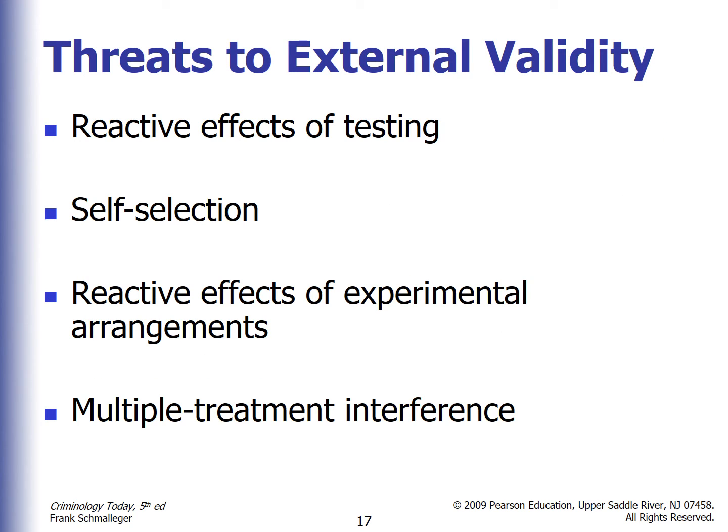External validity. Again, we have reactive effects to testing. How do the people react if you walk up to somebody on the street and you ask them if they want to be involved in a survey? Does that make them want to answer in a certain way if they know what your study's about? Self-selection. As we talked about in class last week, you have these studies, the people with the clipboards in the mall that might walk up to people and say, hey, can I talk to you a moment?